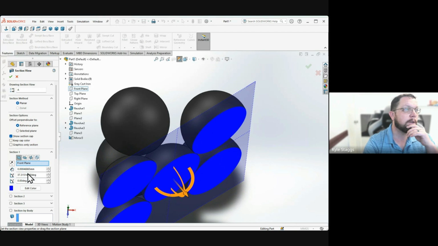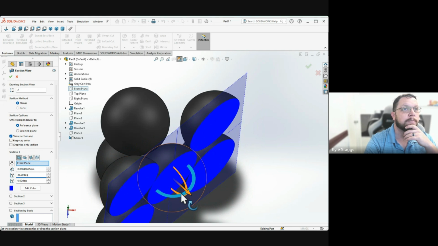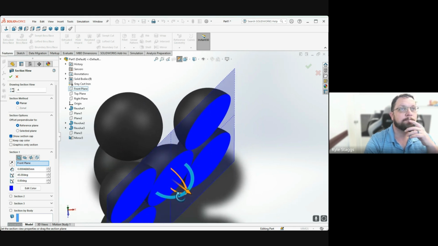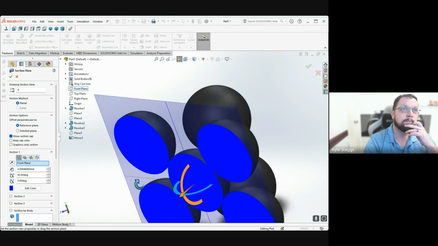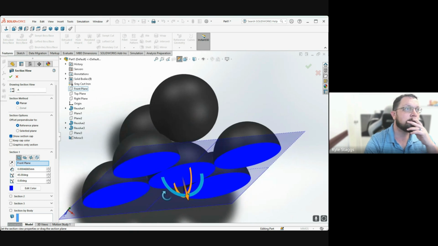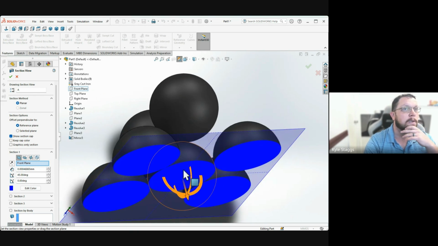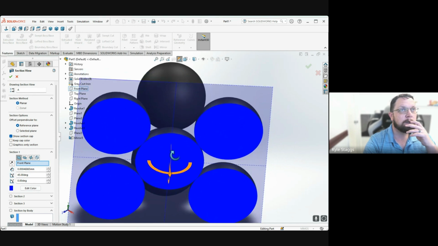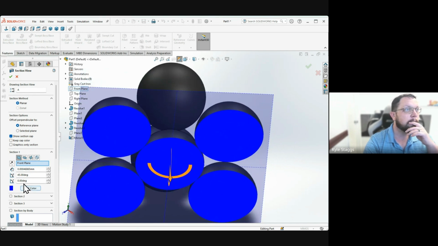So we want to do a rotation of 45 degrees, relative to the front plane.